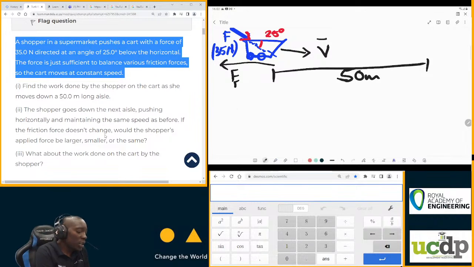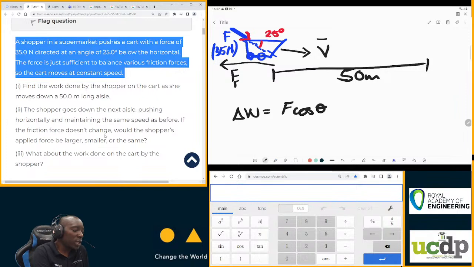So the work done there will be given by F cos theta, where theta is the angle between the applied force and the motion of the trolley.